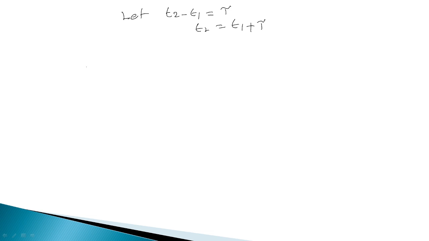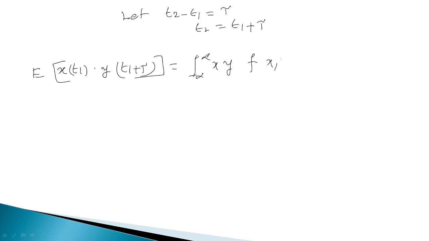Substitute this in the above equation, then you can write E of x of t1, y of t1 plus tau, equals the integral from minus infinity to plus infinity of xy f of xy, 0, tau, dx dy.